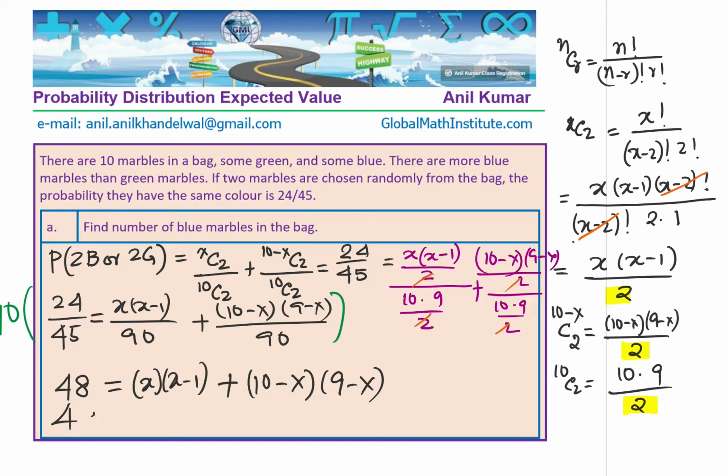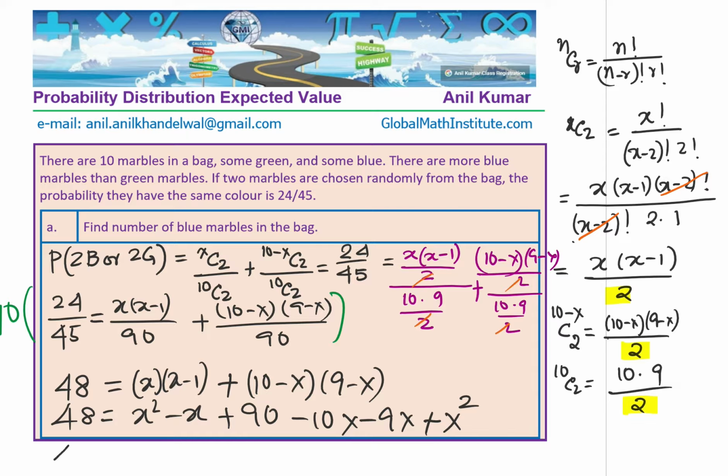We could write this as 48 equals x squared minus x plus 10 times 9 is 90, minus 10x, and then we have minus 9x, and minus and minus becomes plus x squared.